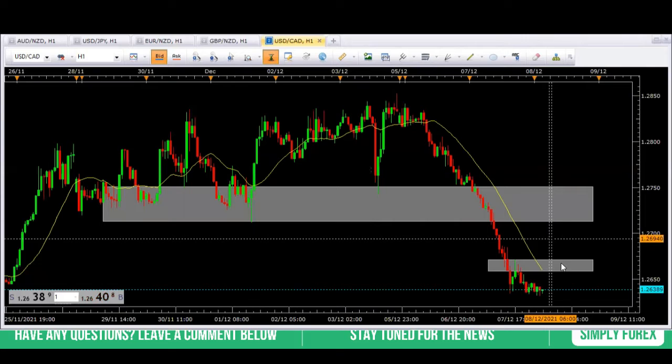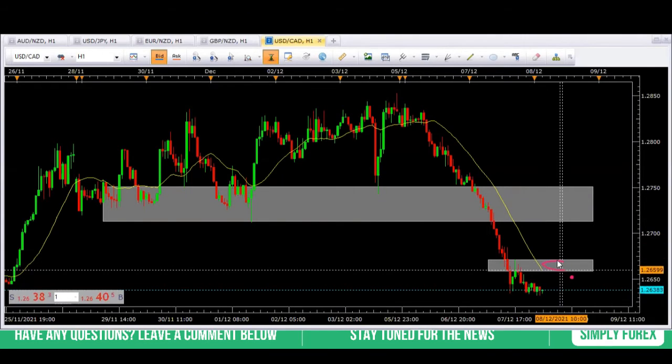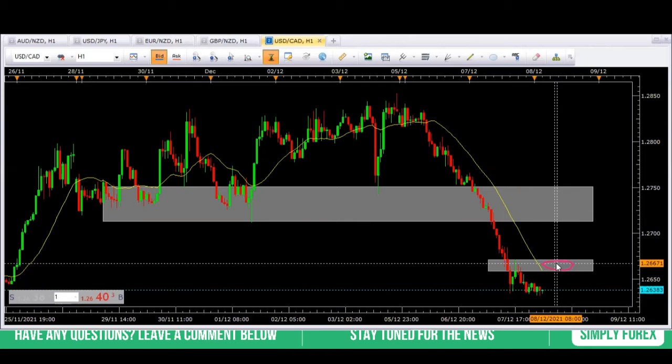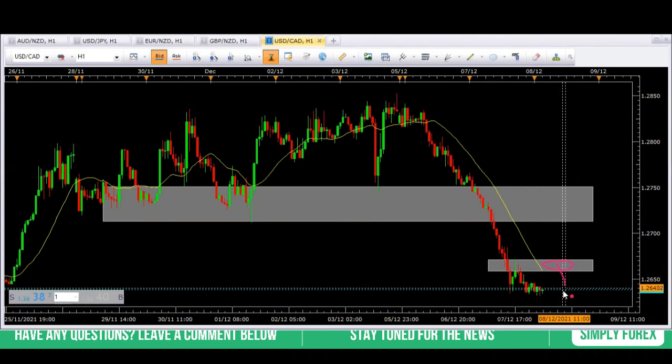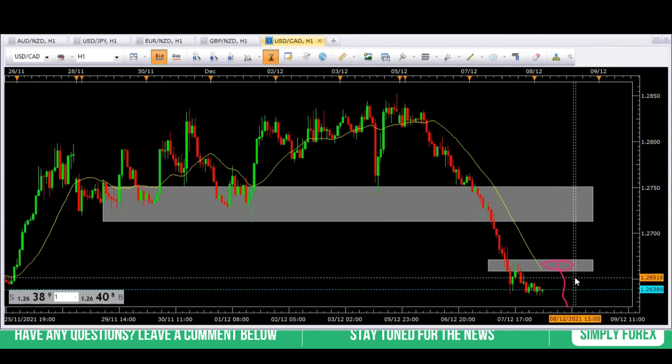So firstly, guys, we can take it back to this first grey zone. All right, only a small grey zone, and then we're looking for a bearish candlestick pattern to form, and then we can take price back down to this low if it gives us a risk to reward of at least 1-to-1. If it doesn't, then we can take price back down to our blue daily target that we looked at.